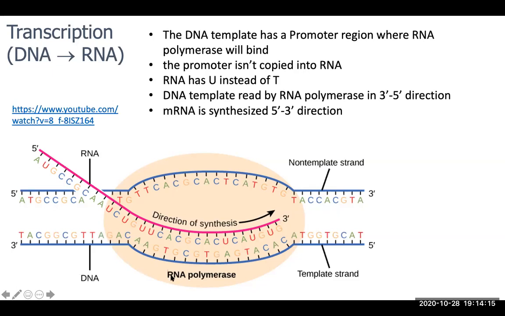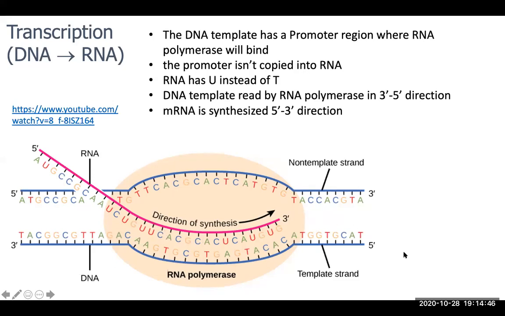And that big oval is the RNA polymerase that's being shown here. So another thing that I might not have said on this slide is that the RNA polymerase also opens up the DNA because it's usually, right, double-stranded, and you wouldn't be able to access the base pairs to copy.